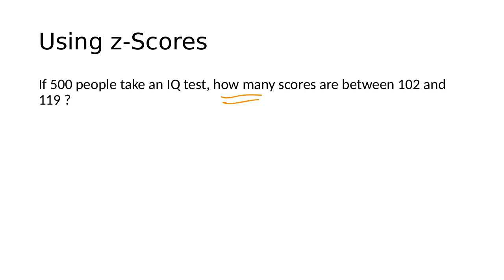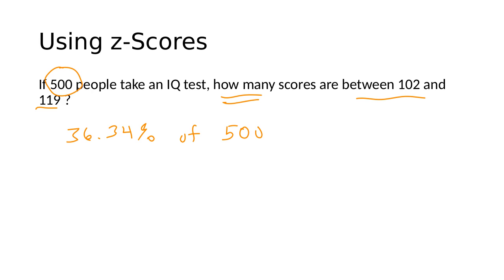Now, just a second ago, we went through all the steps to find out that 36.34% of the scores are between 102 and 119. And so what we're really looking for here is what is 36.34% of all the people that took this test? And here that's 500 people.